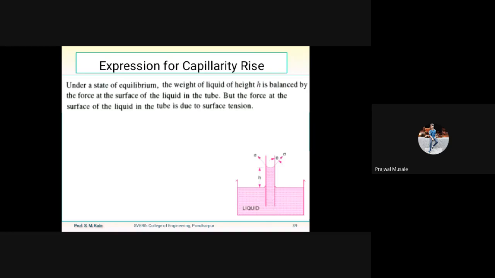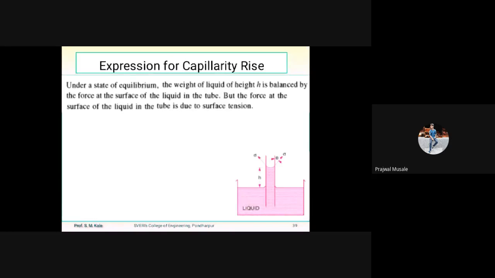The first force is the tensile force acting on the surface of water in the vertically upward direction. The second force is the weight of water inside the capillary tube above its general level. Under a state of equilibrium, the weight of liquid of height h is balanced by the force at the surface of the liquid in the tube. Whatever force at the surface of the liquid in the tube is there, that is called surface tension.